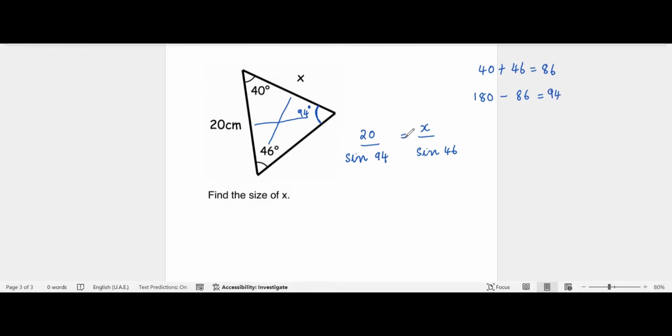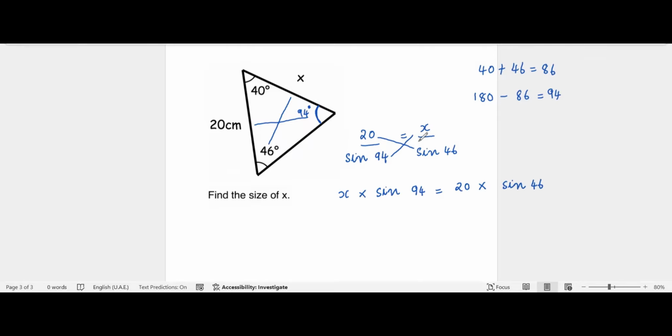Now two fractions in between an equal to sign, cross multiplication. So x is getting connected with sine 94. So x times sine 94 is equal to 20 is getting connected with sine 46. So it is equal to 20 times sine 46.